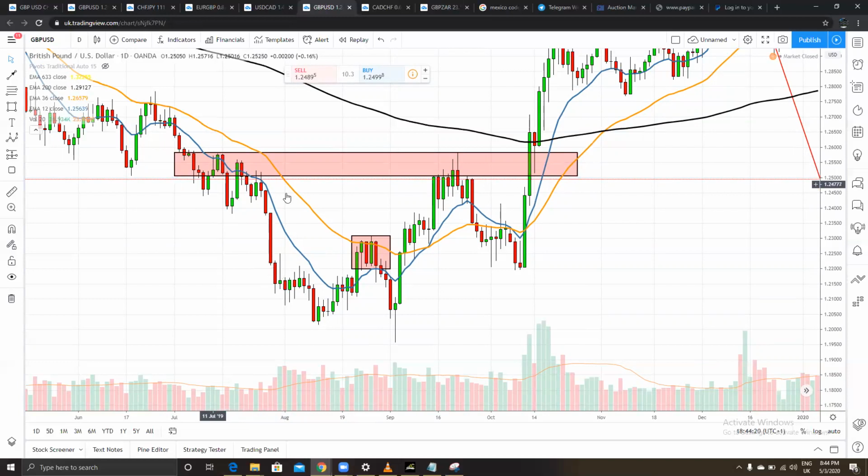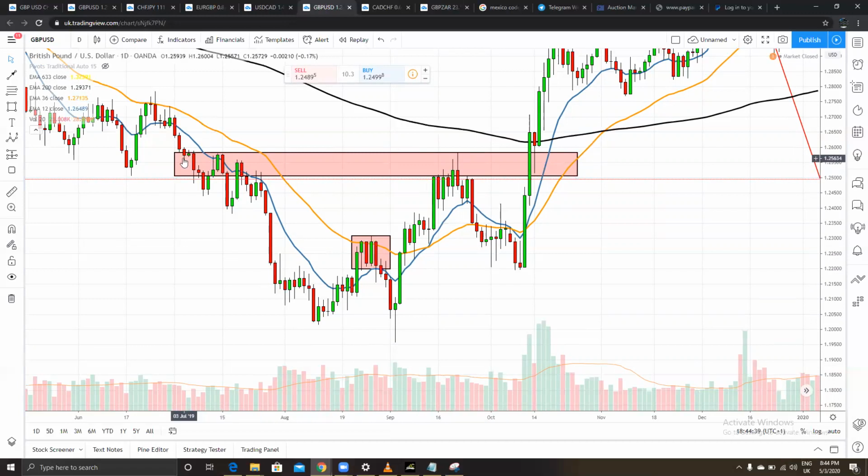But the more the place is being tested, the weaker the order block over there becomes. You get where I'm coming from? The more the place is being tested, so we got to test it again the second time over here, and then we see the sell-off. We come around all over here to test it, then we see the sell-off.